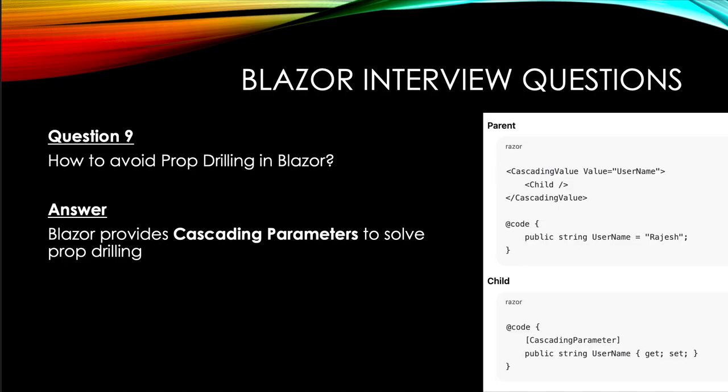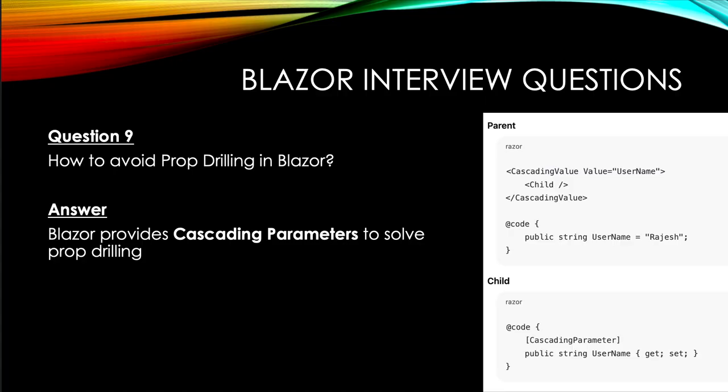Question number 9, how to avoid prop drilling in Blazor? I have to send the data through multiple children, which will have a significant impact on performance, and I have to declare unwanted parameters in all my children. Instead of passing parameters step by step through every component, Blazor allows you to declare a cascading value at the top.